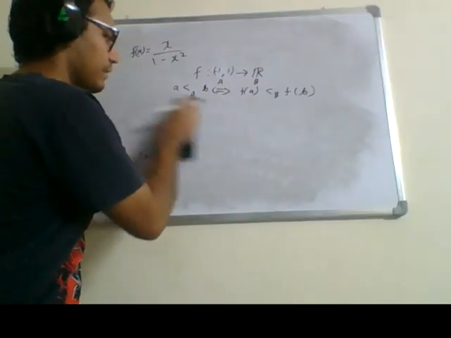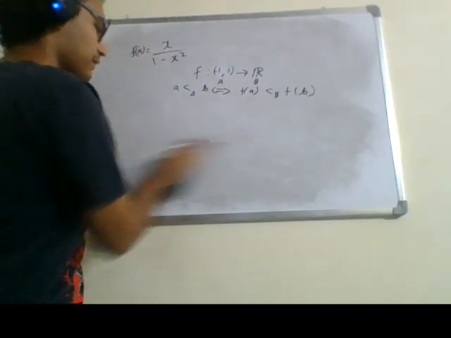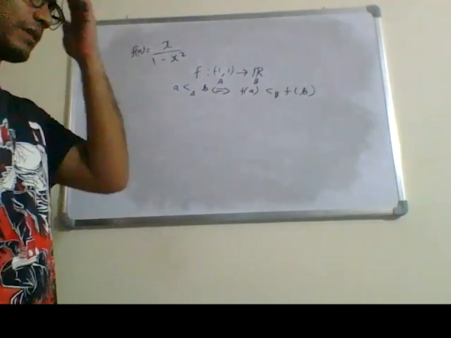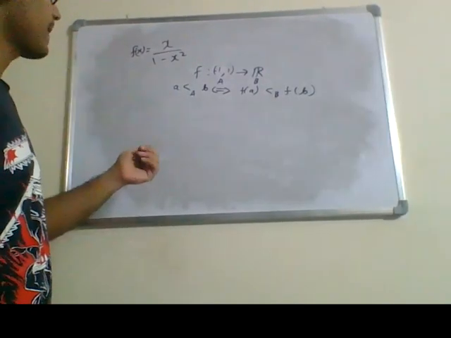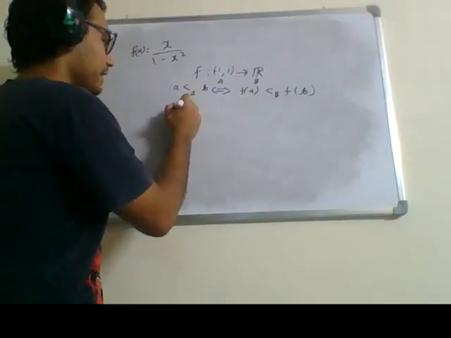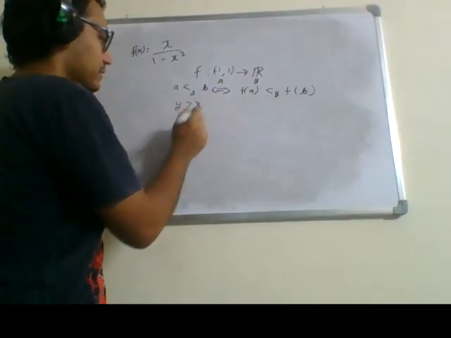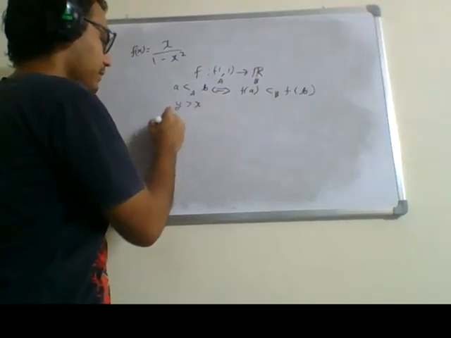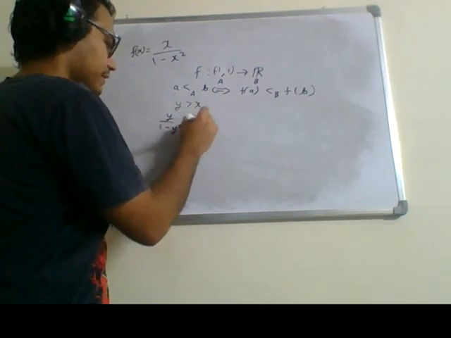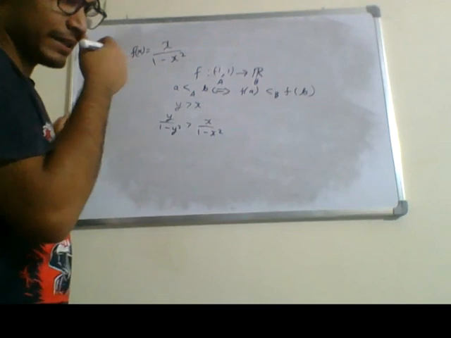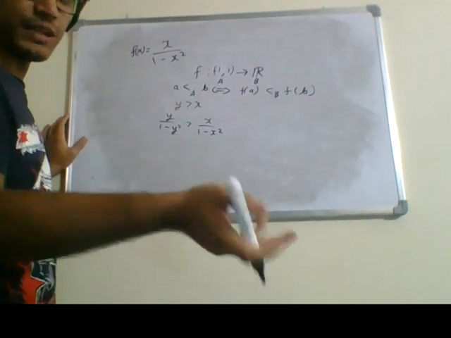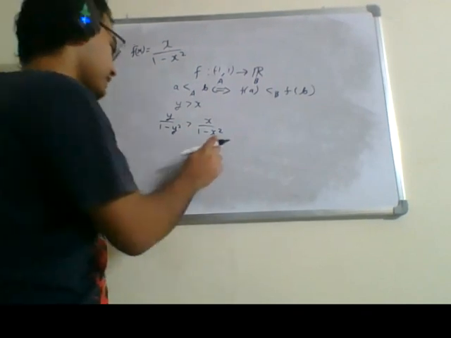Now we need to show that the order is preserved. So how do we show that? All right. So let y be greater than x. We have to show y upon 1 minus y squared is greater than x upon 1 minus x squared. Also, keep in mind that the graph is there to help you visualize it.